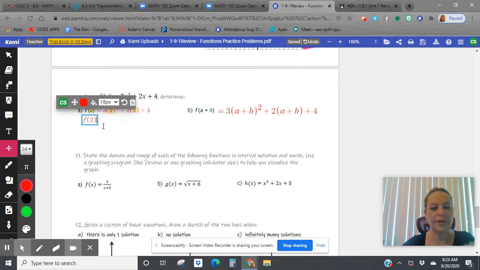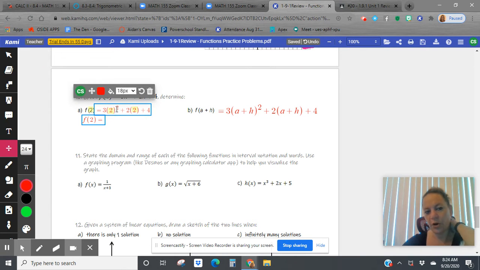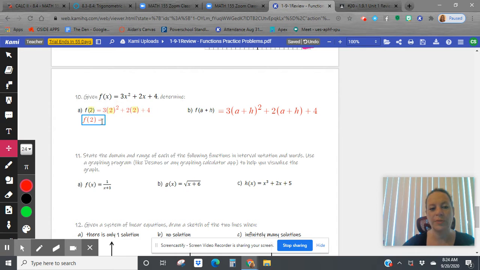So f of 2 equals, now we have to remember our PEMDAS here. Remember that you're going to always do the exponent before they multiply. So the 3 is going to stay alone for a sec, while the 2 squared becomes a 4. And then next 2 times 2 makes 4, and then it's plus 4 at the end. So the only thing I did in this step was the 2 squared, and then the next step was this multiply was able to happen.